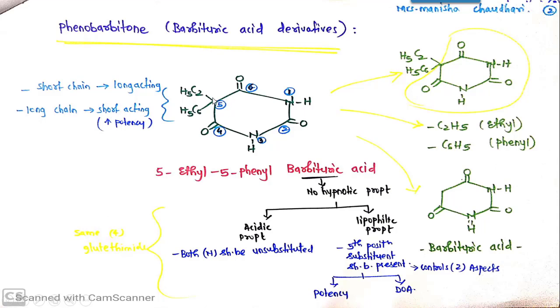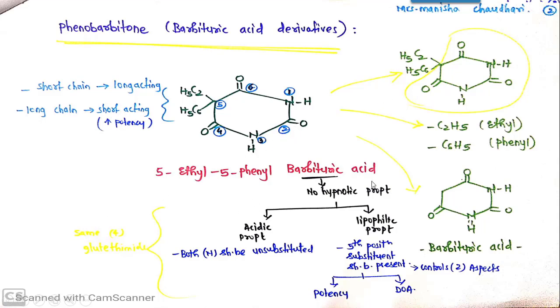So only 5th is remaining, which does not have any substituent. So we can substitute this 5th site of barbituric acid, and this nitrogen has hydrogen and this nitrogen also has hydrogen. So both these hydrogens can be substituted.